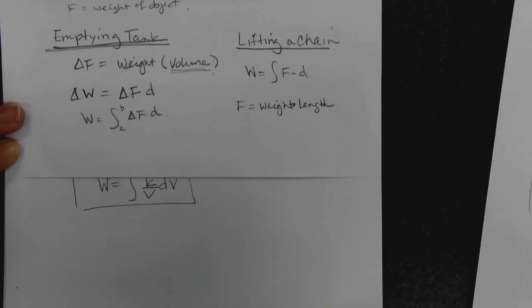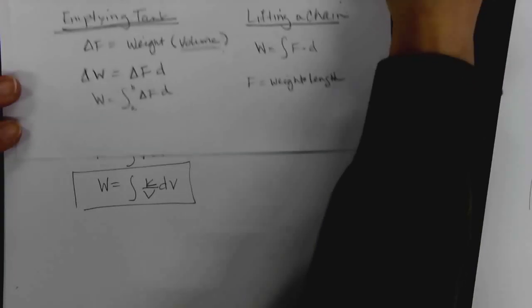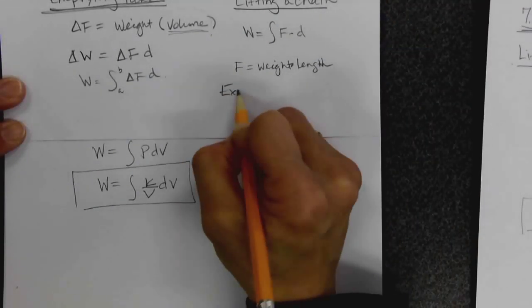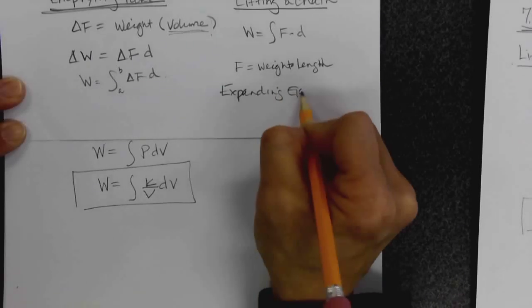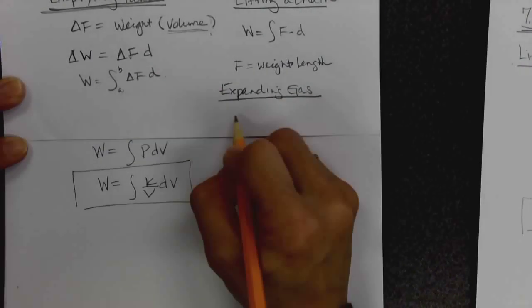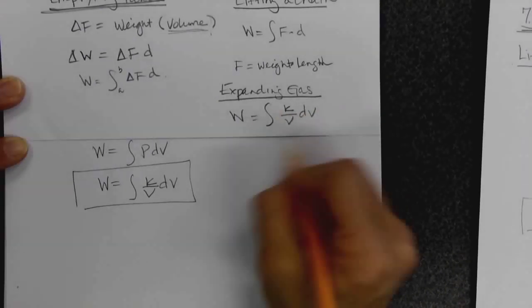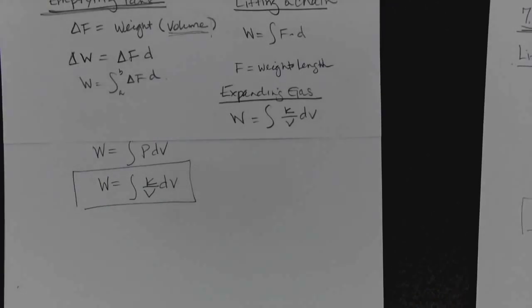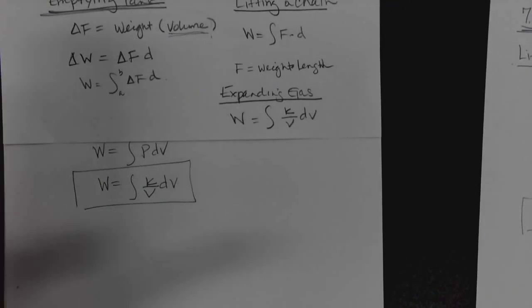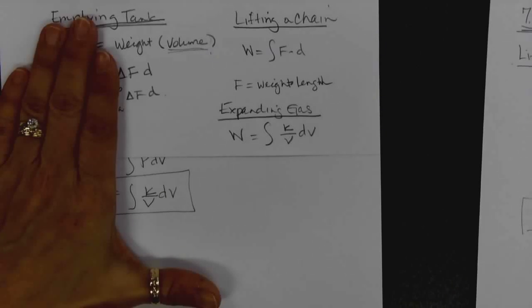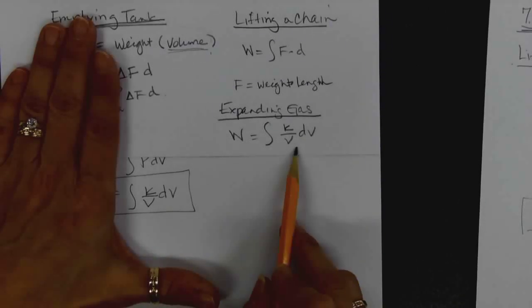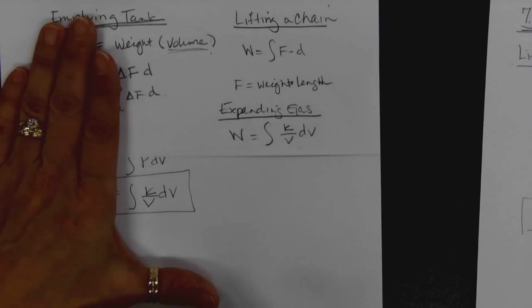And then the last one was the expanding gas, right? Work done by expanding gases is the integral of K over V dV. What will be the integral of this? K over V dV. Integrating, it'd be ln of V. This will be an ln. K ln of V will be your integral. Any questions so far?